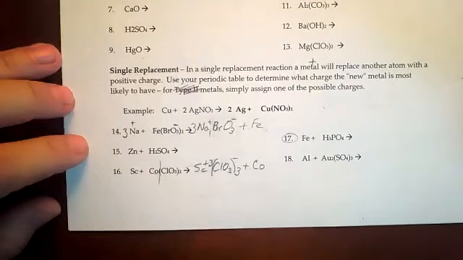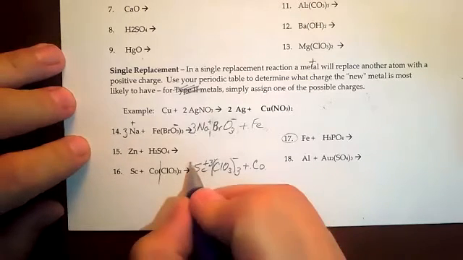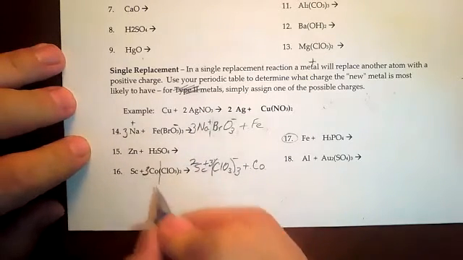Anybody remember what we're going to do? Multiply one by 2 and the other by 3. We're going to multiply this one by 2 and this one by 3.